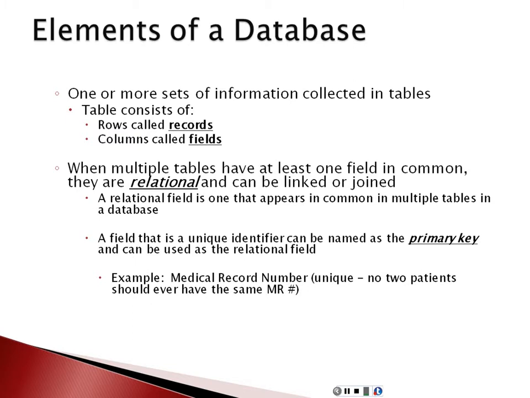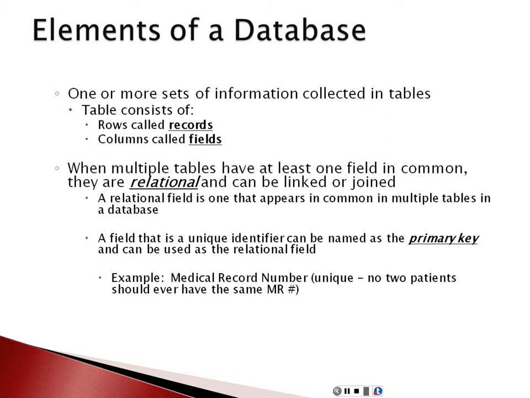And then you have another table that's keeping patient data, and it also has a field that says patient medical record number in it. A medical record number is a unique identifier, and what I mean by that is that no two patients should have the same medical record number. It's going to be different on every patient. And we can't say that about many other things that would be kept.